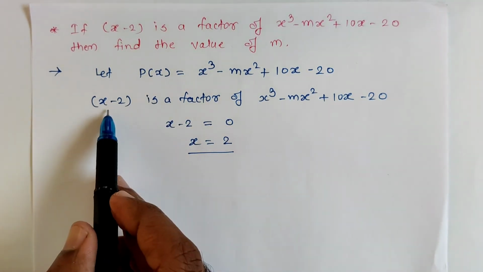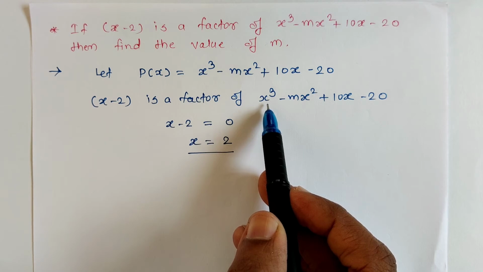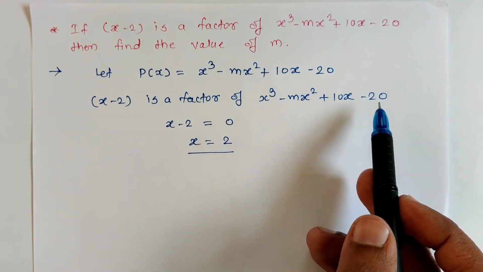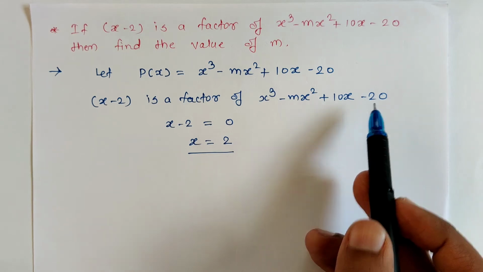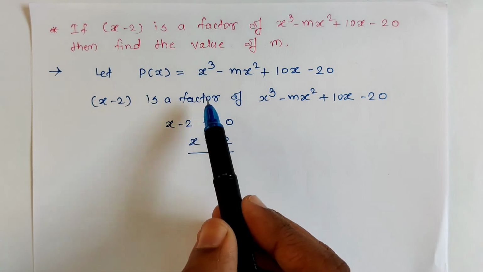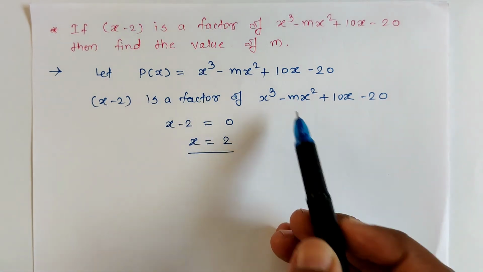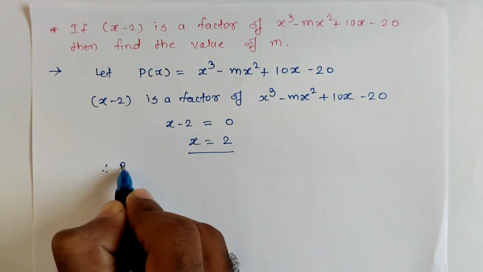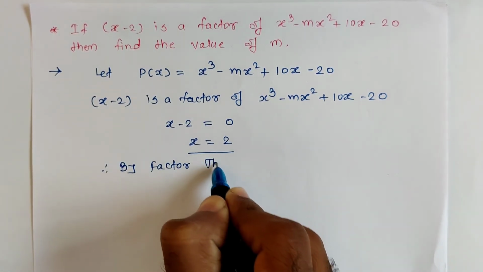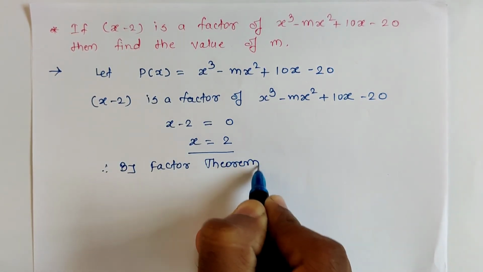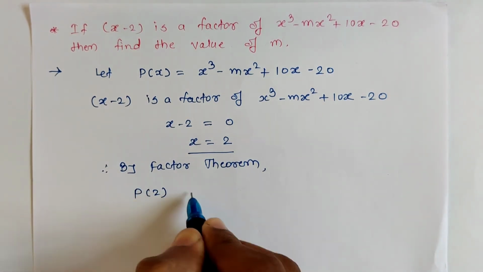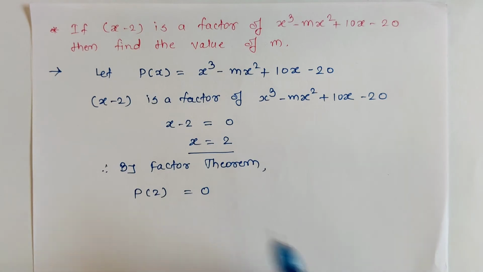Now as x minus 2 is a factor of the given polynomial, if we find the value of p of 2, it will be 0. Therefore by factor theorem we will have p of 2 is equal to 0.